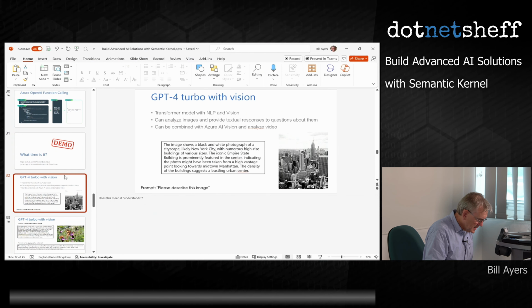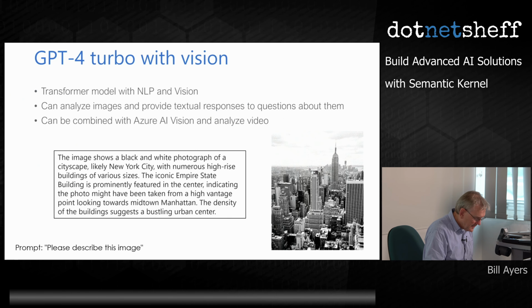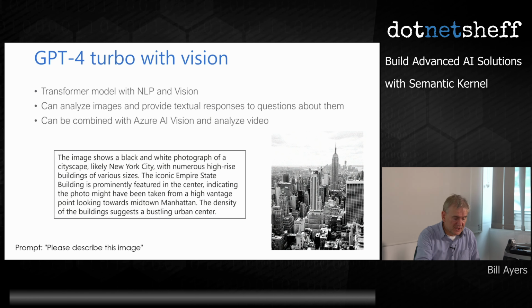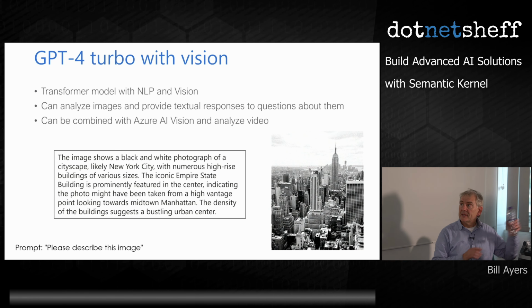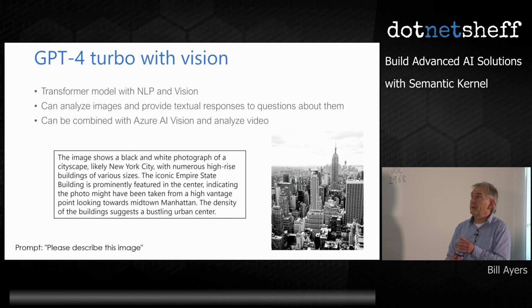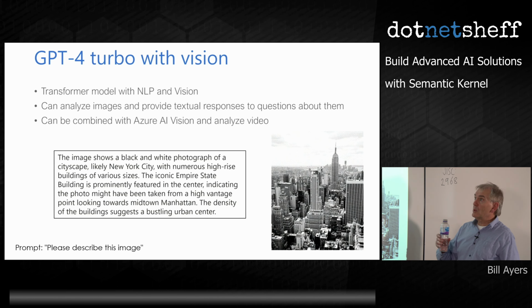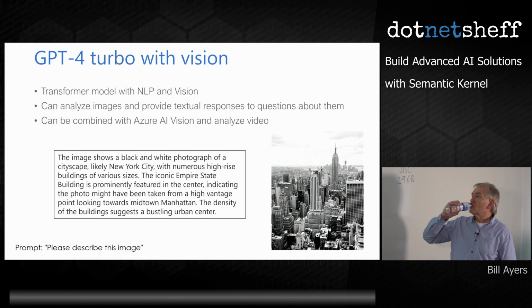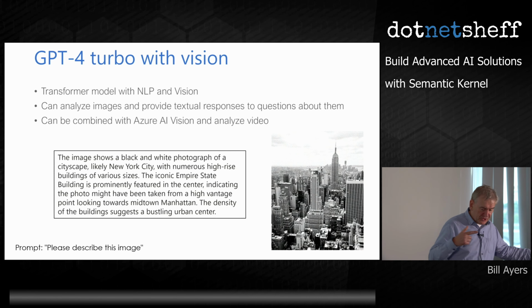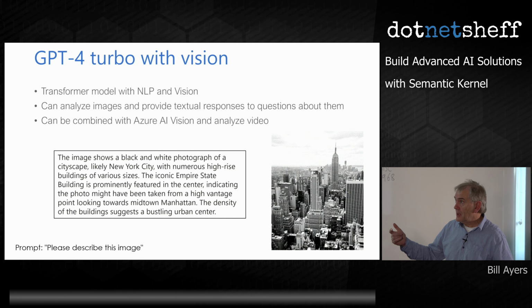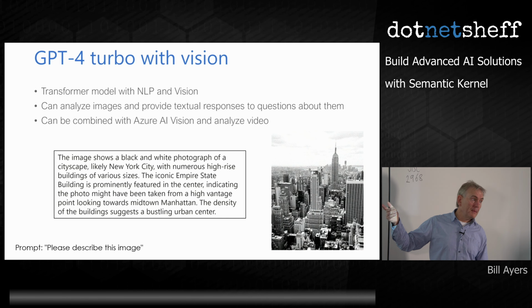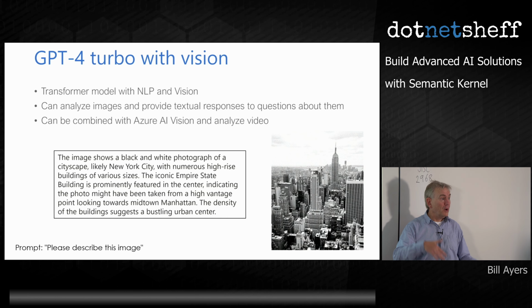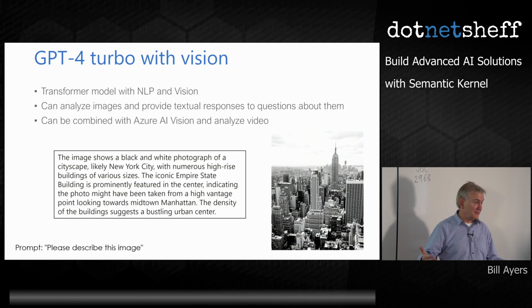Just as a little bit of an aside, there is now a GPT-4 Turbo with vision. So it turns out that these transformer models can also be used for image analysis.